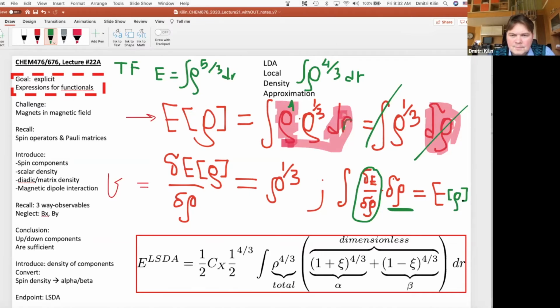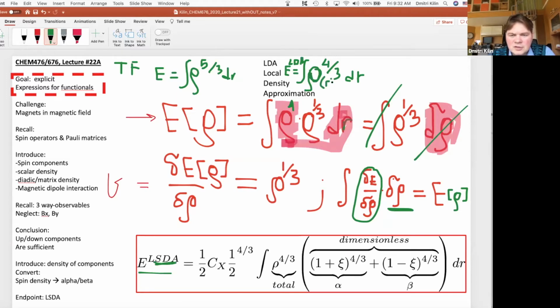So for the next 20 minutes, maybe 25, I will make an effort to get this equation: how the local density approximation is converted into local spin density approximation. The name LDA comes from the fact that density comes in a local fashion.